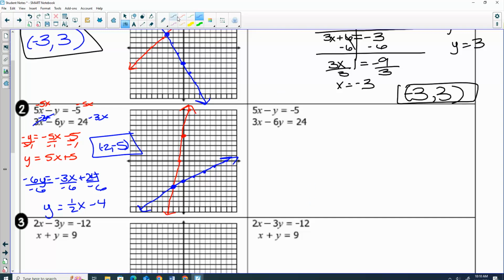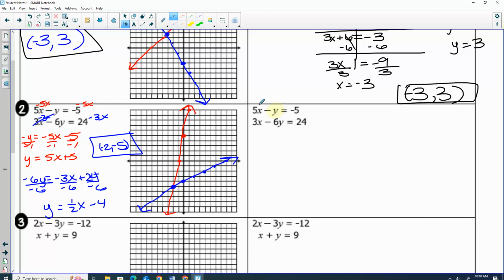If I want to do substitution, we have to start with one equation and solve for one variable. Bailey, what would be the easiest thing to get by itself? Yeah, let's get y by itself in the top one because it's a 1y.